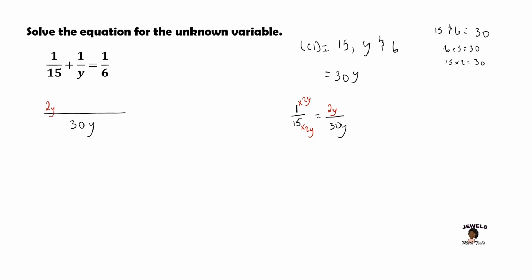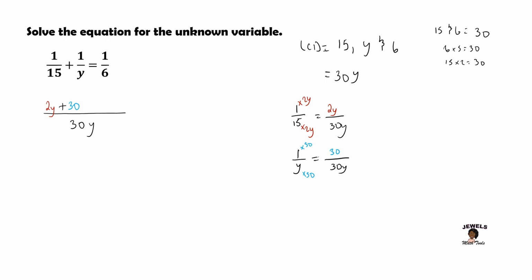And now I'm going to begin working on the second fraction in my question, which is 1/y. Again, this needs to be equal to 30y. So for this one, I'm actually going to be multiplying my y times 30, because 30 times y will equal 30y, so 1 times 30 will equal 30.